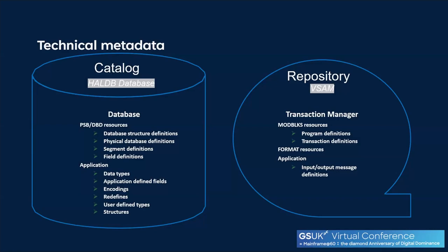When you start IMS, it refers to the existence of databases, applications and transactions from the MOD blocks. So IBM later came up with the concept of DRD, which eliminates MOD blocks and allows you to dynamically define the entries at the IMS level. One implementation of DRD is the VSAM repository, which houses that kind of information. That's not directly related to catalog and managed DCB. You could still have managed DCBs and use MOD blocks. That's a totally acceptable configuration.